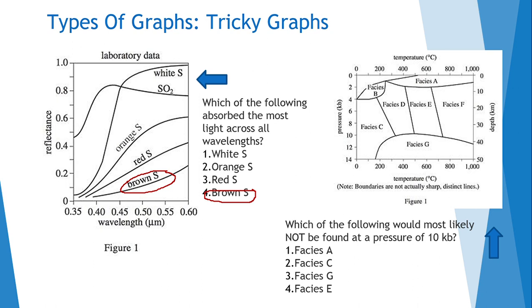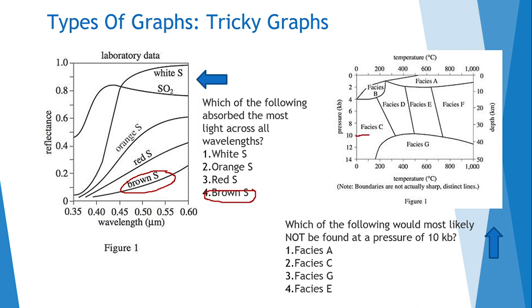But for the question, which of the following would most likely not be found at a pressure of 10 kb? Even though I don't know how exactly these sections work, I'm assuming that each section pertains to an area where that facies would be seen. So we're trying to find a facies that cannot exist at this 10 pressure mark.